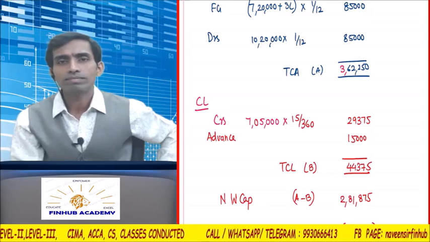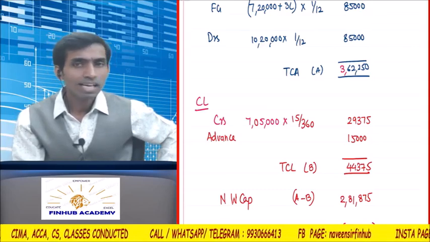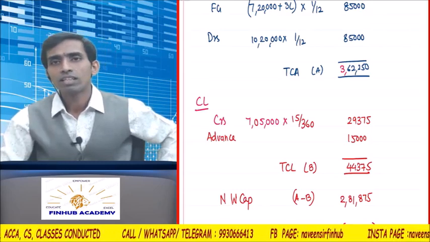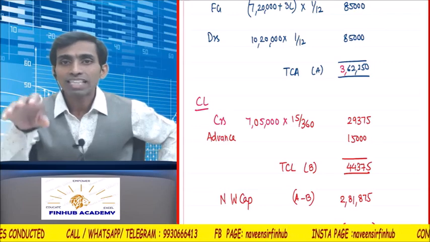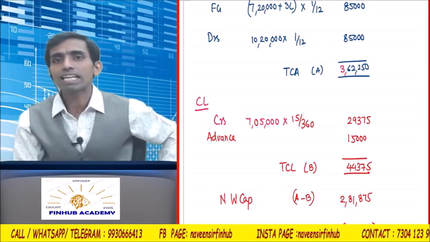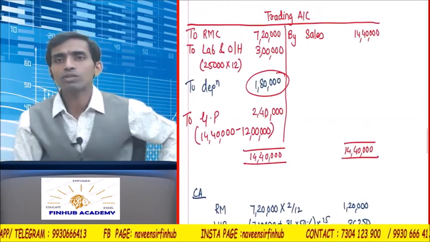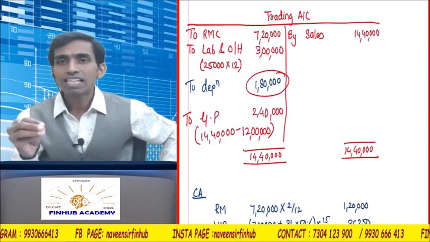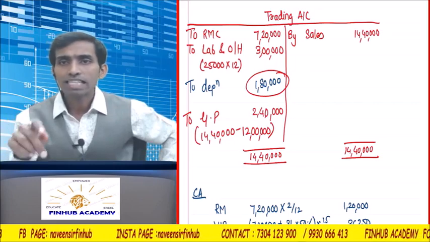And 12 lakh is the cost of production. In that, depreciation is there. We are following the cash cost approach, so we should ignore that depreciation. Therefore, I made this P&L, trading account. In that 12 lakh, that 1 lakh 80,000 depreciation is included. So to find that, I made this working.